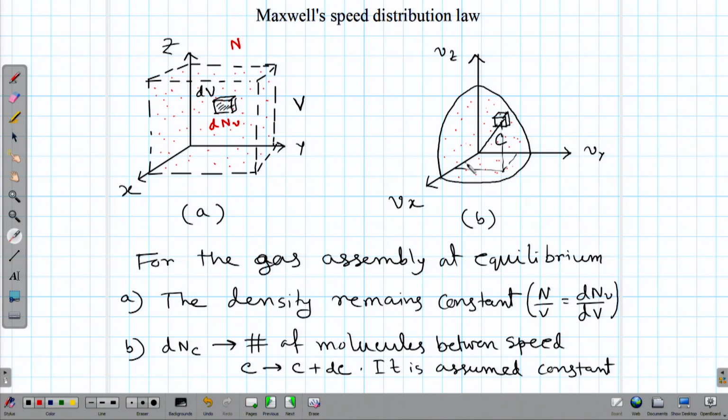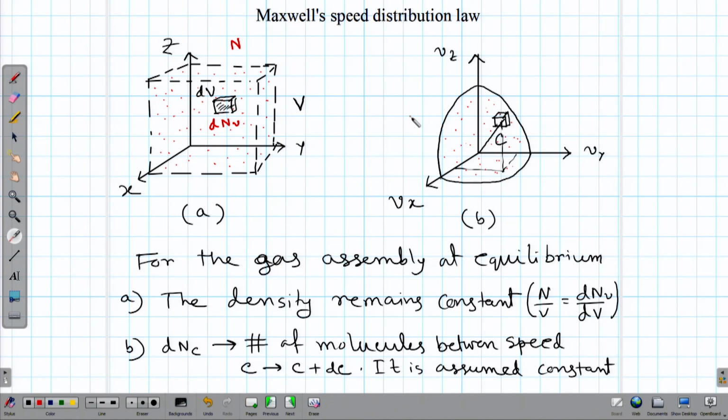A molecule with all three positive, with a speed c, will be represented by a point here. If for example Vy is negative, then it will be in the neighboring compartment of the coordinate system.